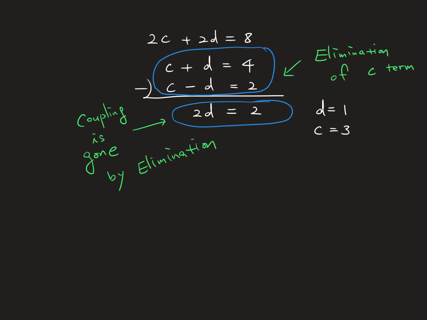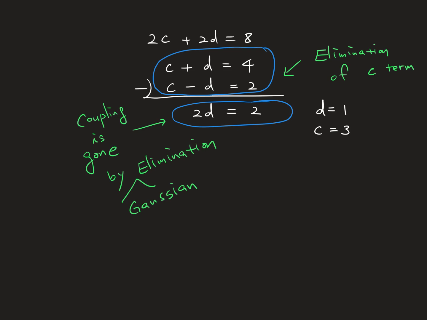You can say this is just elimination, or it's called Gaussian elimination, because Gauss developed this. So we can say this is Gaussian elimination, or just elimination. So in this way we found the solution.